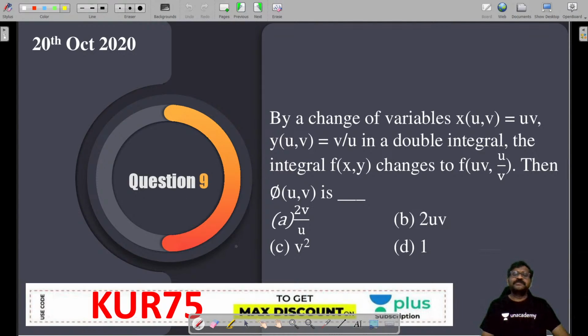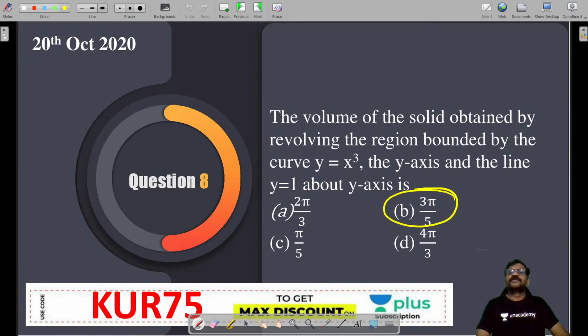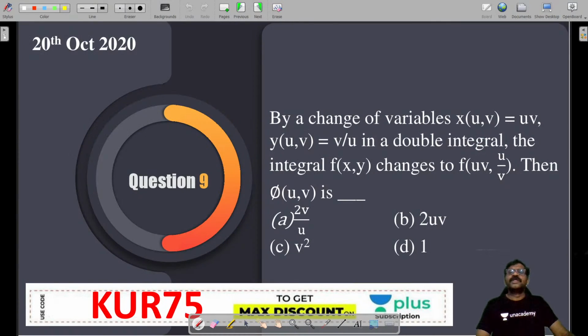Ninth problem. By change of variable x equal to uv, y equal to v by u in the double integral, the integral function of xy changes to function of uv comma v by u, then phi of uv is. If you understand this problem, it is very easy.